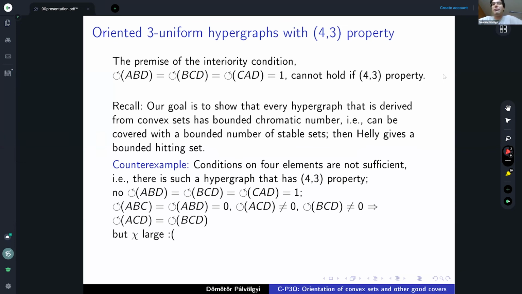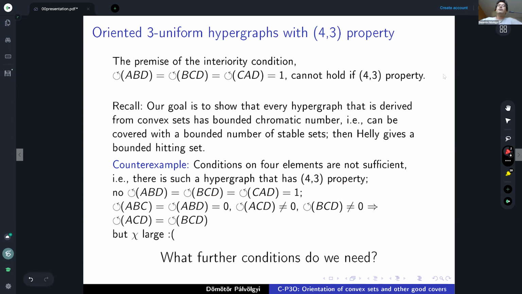But unfortunately, if you only look at the conditions on 4 elements, notably that the hypergraph has the force-free property, that it doesn't have the premise of the interiority condition, and this last condition that I talked to you about, these 3 conditions are not sufficient. We could find a counterexample where chi was still large.